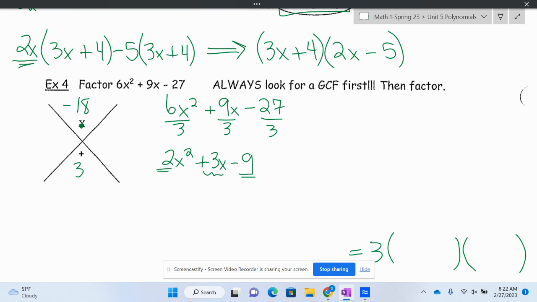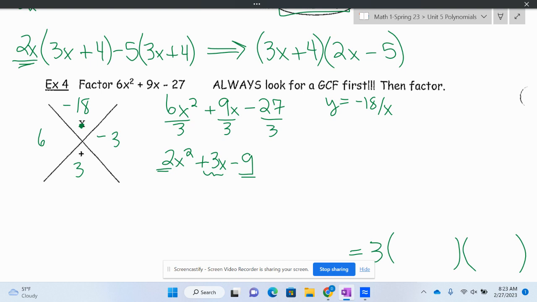So, calculator. Everybody do y equals negative 18 divided by x. And let's see what our factors are. What'd you get, Hayden? Positive 6 and negative 3. I agree. Positive 6 and negative 3. Okay.